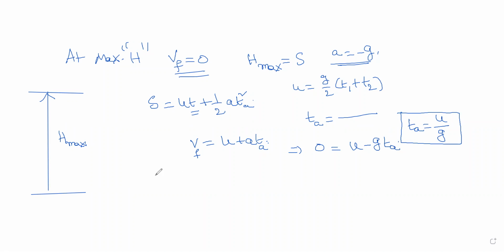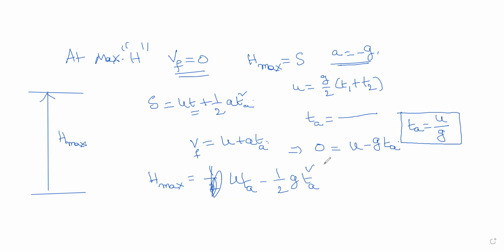So h max, let us put h max. h max is equal to u is what? Half g t1 t2. Half g t1 t2 దాన్ని సబ్స్టిట్యూట్ చేద్దాం. Okay, first u ta, first ఇది సబ్స్టిట్యూట్ చేద్దాం. u ta minus half g ta square.